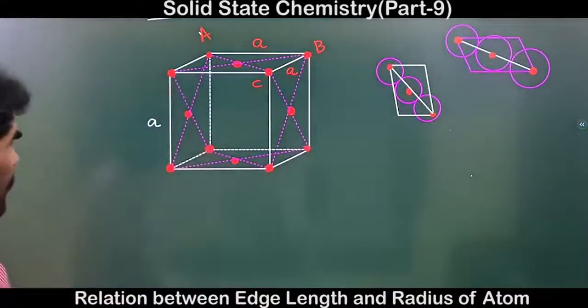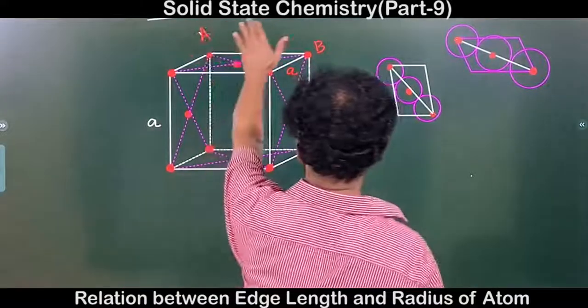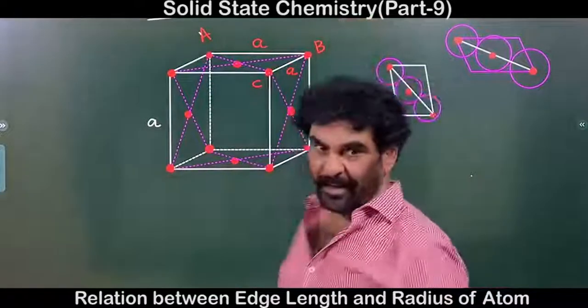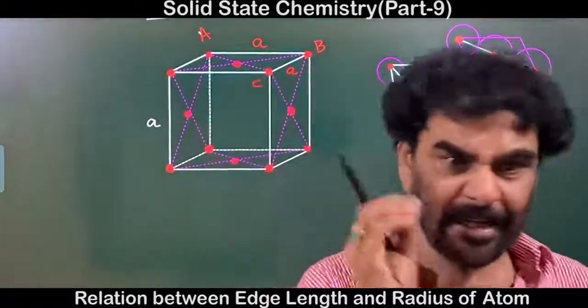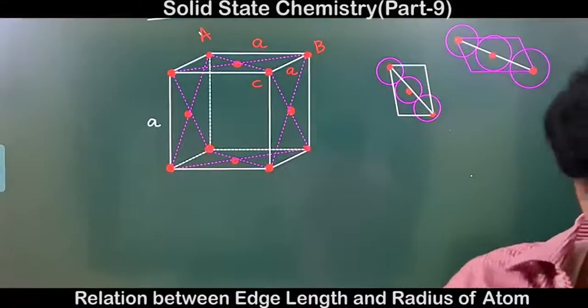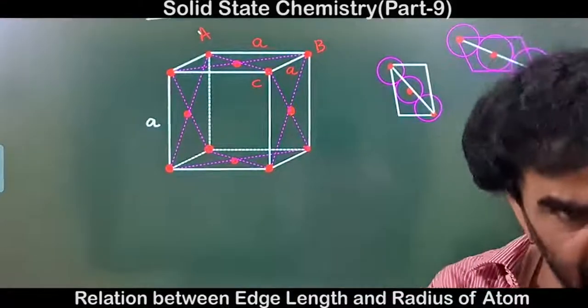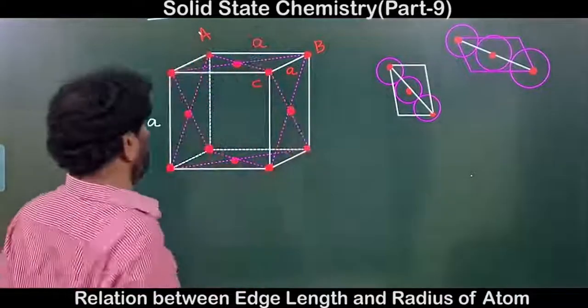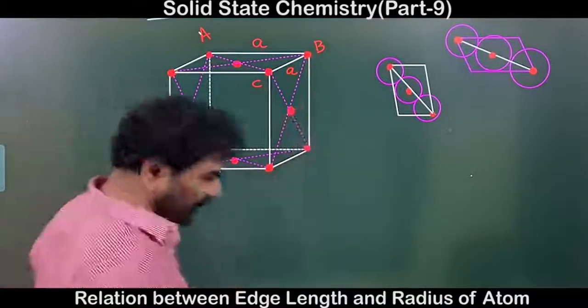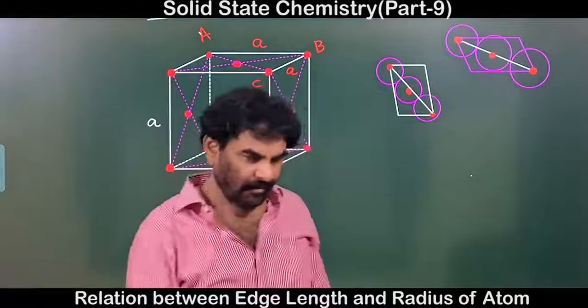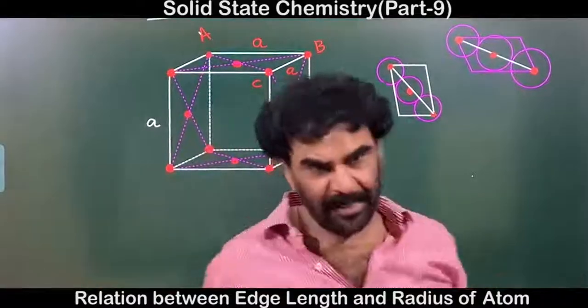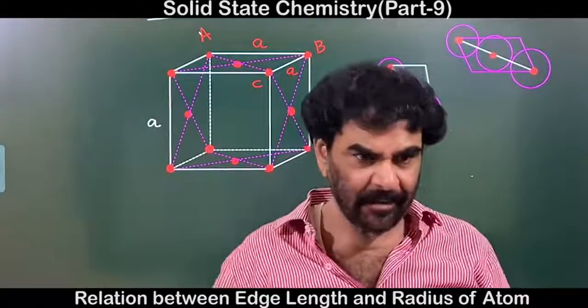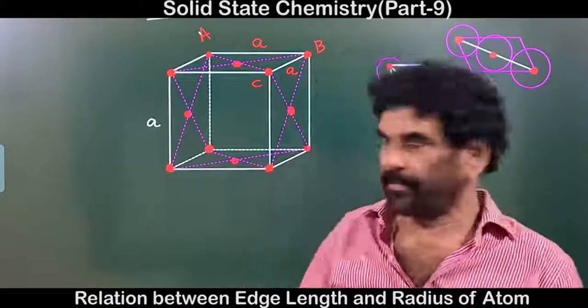See, in the face centered unit cell, the lattice points are present at the 8 corners, as well as at the face centers. The cube will have 6 faces and 6 face centers.